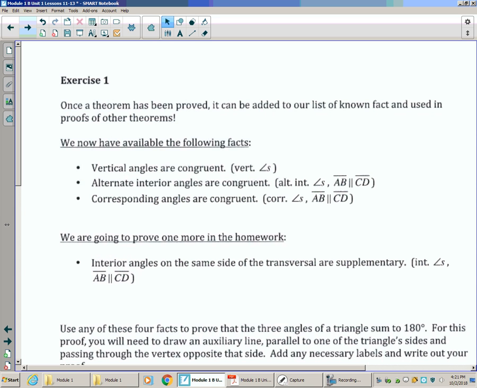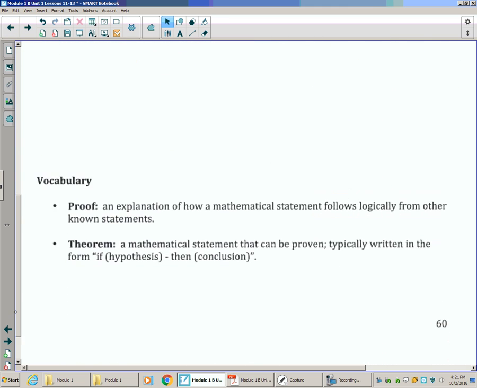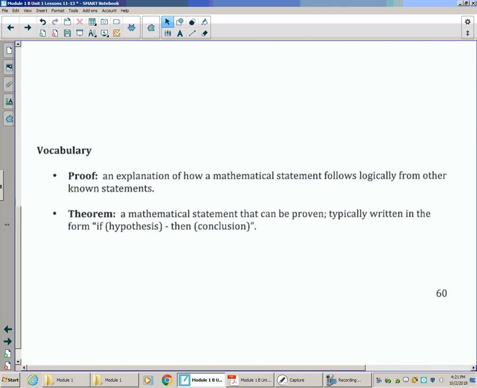Okay, so on the next page, on page 60, oh wait, let's just go back to page 59. On the bottom, you have vocabulary. Proof is an explanation of how you come to a conclusion, and you use known statements.